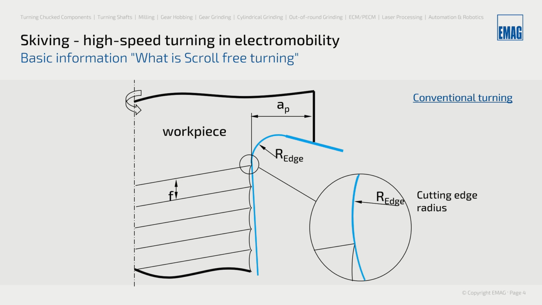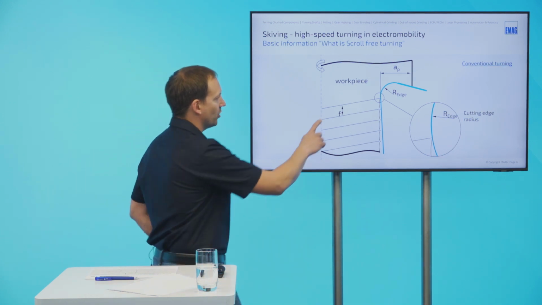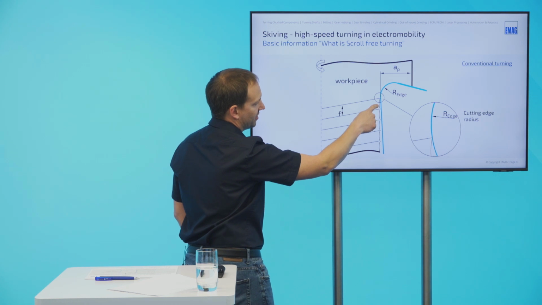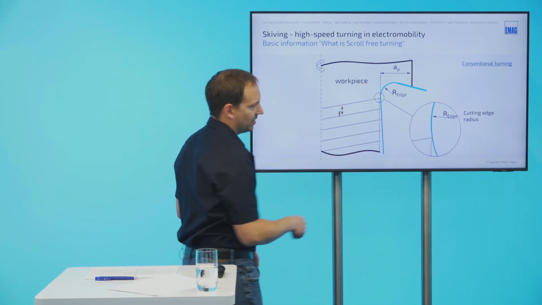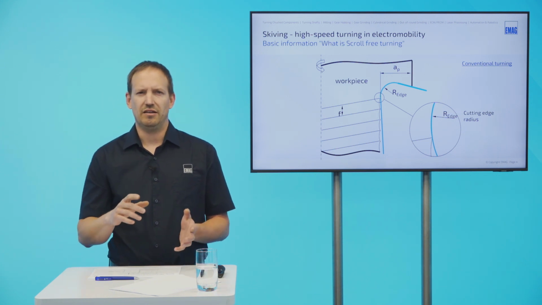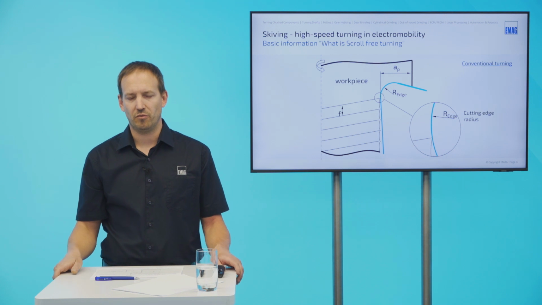If we have a look at conventional turning, I can explain what scroll or lead is. We have the workpiece, which is rotating, and the blue one is the cutting insert, which is moving in Z direction, and so you get something like a very small thread on the surface of the workpiece.